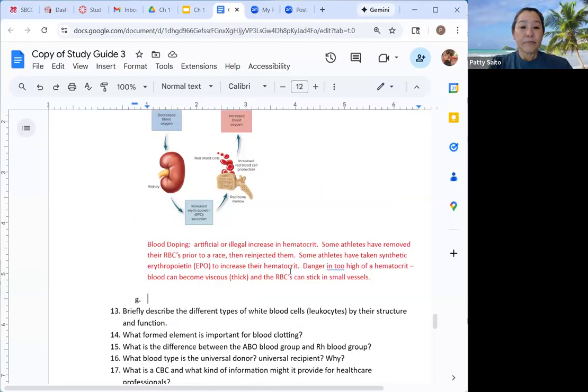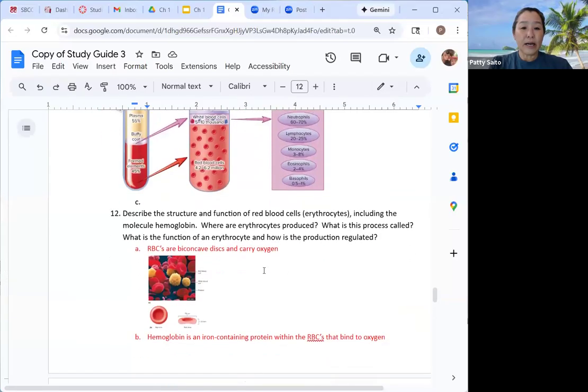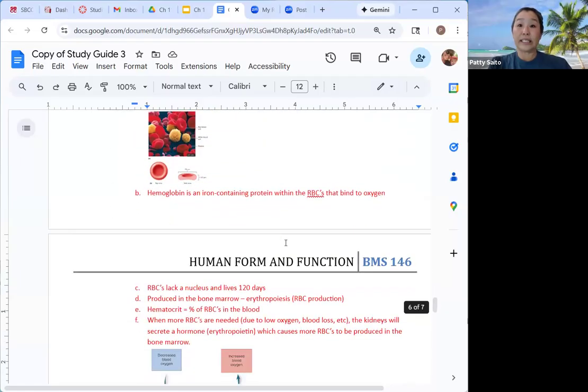All right, let's talk about how you use this information. Let's say you're an athlete. The more oxygen you can carry, the more cellular respiration can happen and the more ATP you produce.